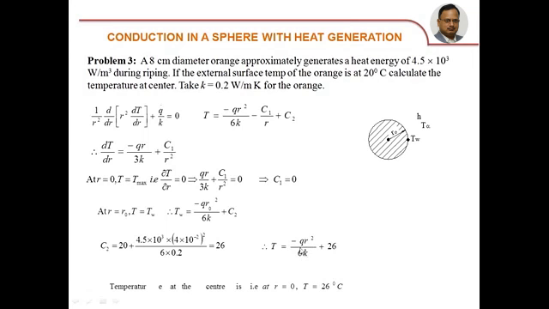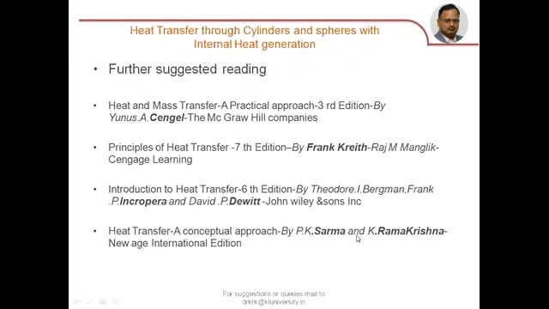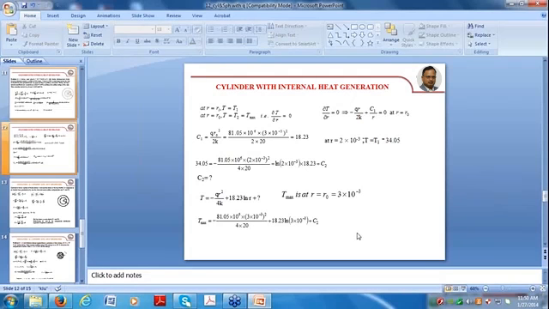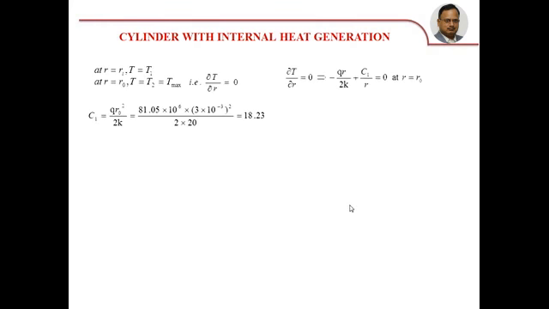By substituting R equal to 0, you will get T equal to 26. So that's all about the internal heat generation problems in cylinders as well as in spheres.